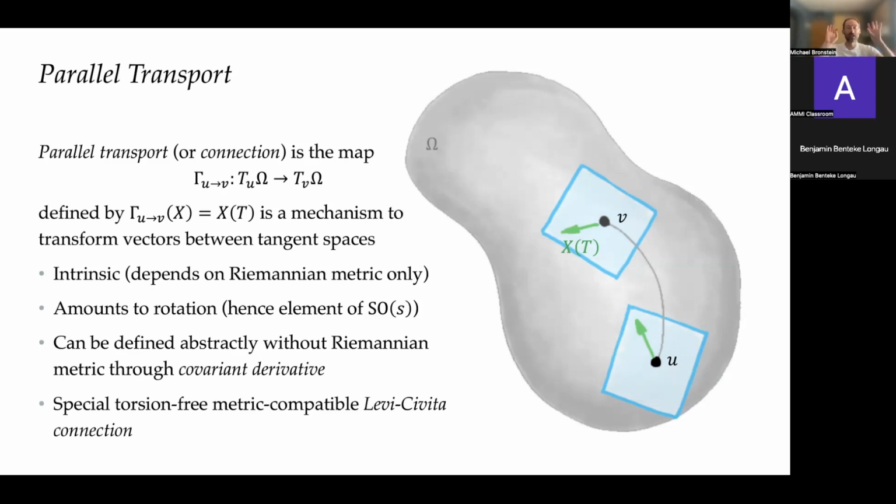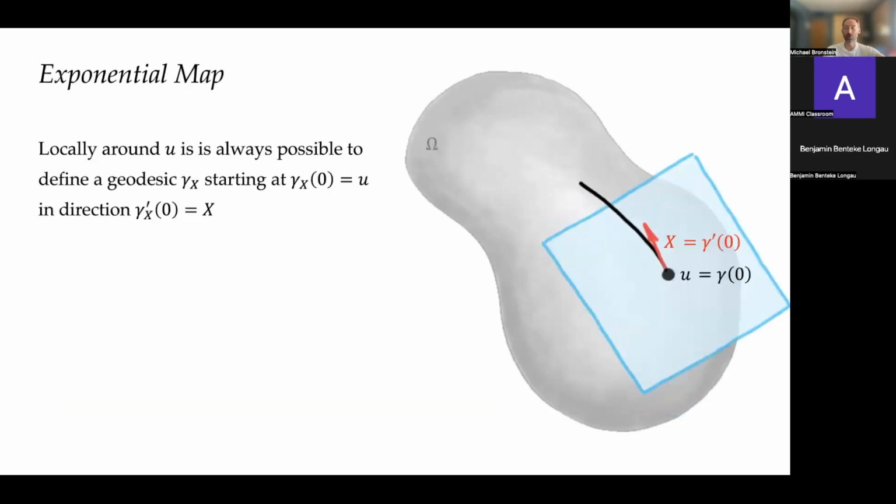I can define a connection on a manifold without any Riemannian metric, but if I give you a Riemannian manifold, then there is a unique special connection, the Levi-Civita connection. So in our case, because we are talking about Riemannian manifolds, whenever we talk about a connection or a parallel transport, it will be this special one. Okay, but allow me not to go into details of what is meant by torsion.